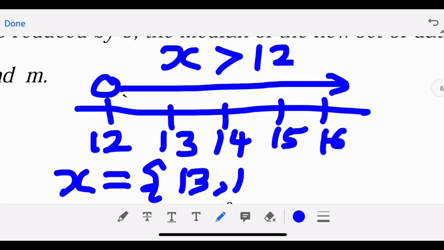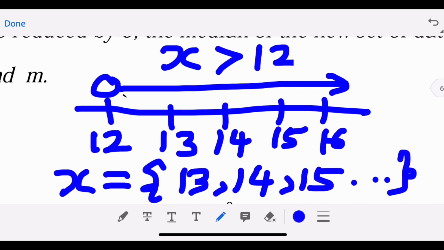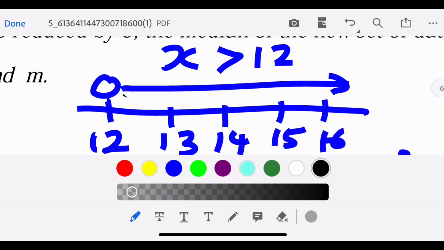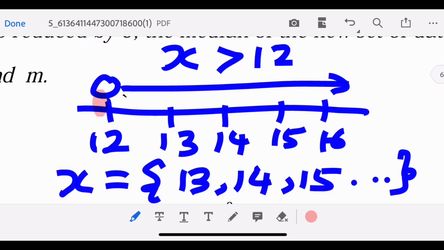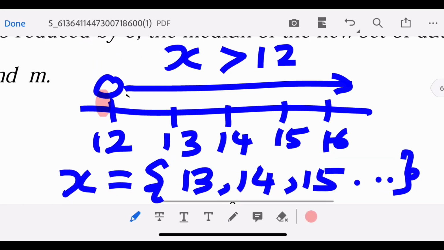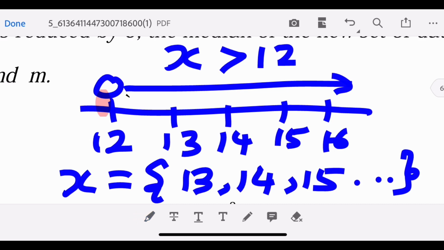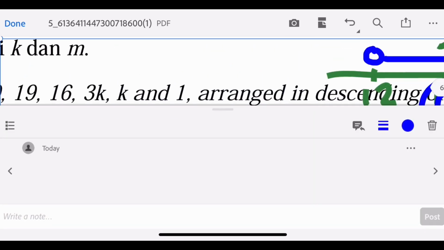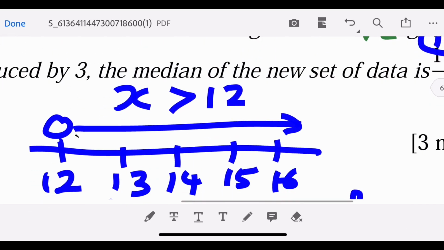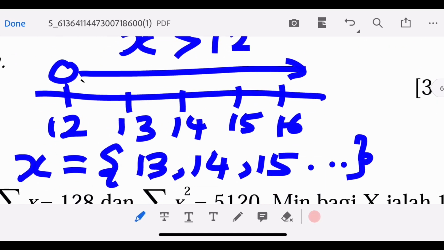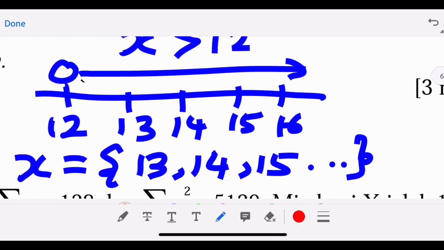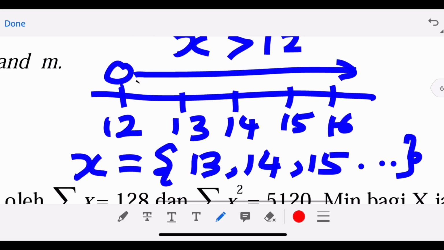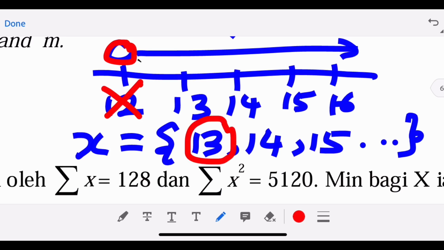But because the question wants the smallest value of x, you should choose 13. 13 is the minimum value, or in short the smallest value of x. Is that clear? I'm sure you now have more confidence when it comes to inequalities.